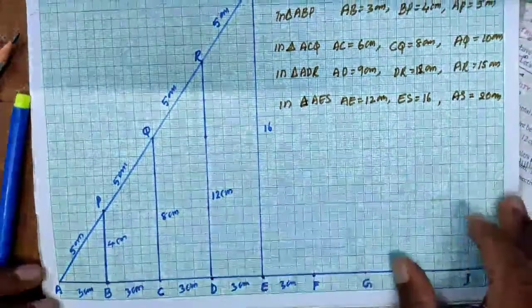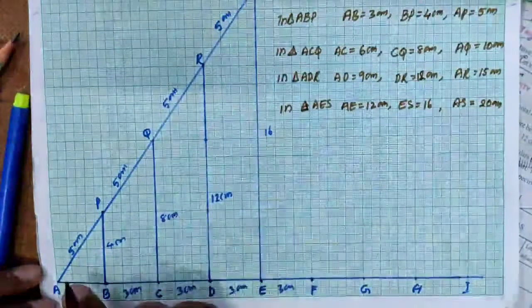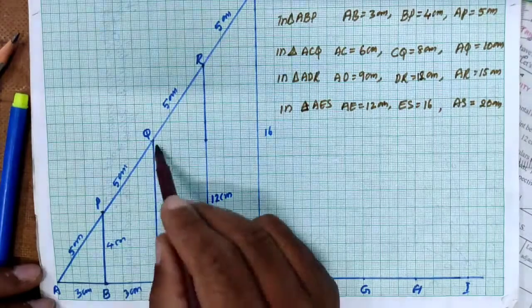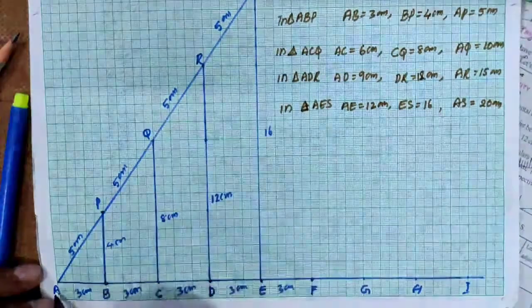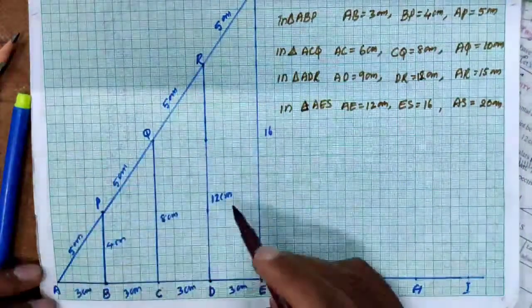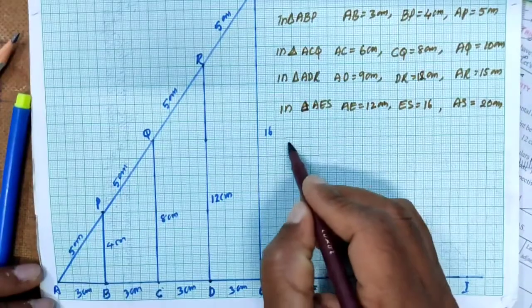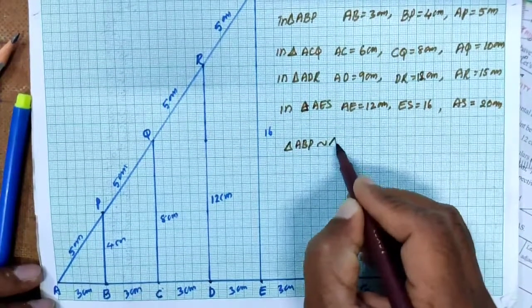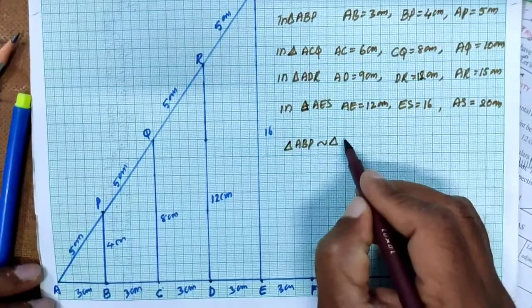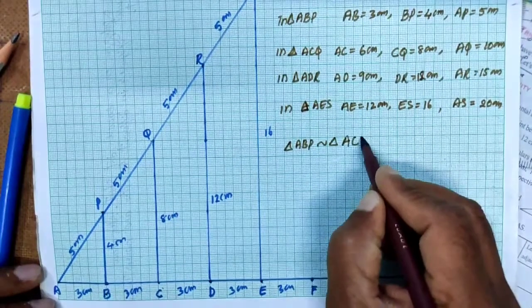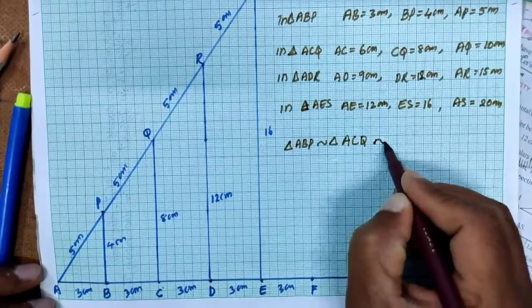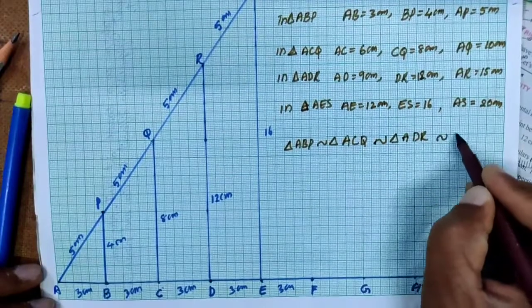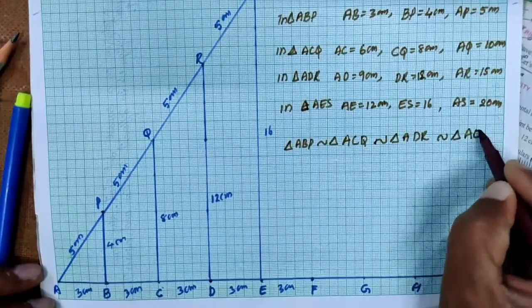So these are the measurements of these triangles. All these triangles, ABP, ACQ, ADR and AES, are similar triangles. So triangle ABP is similar to triangle ACQ, similar to triangle ADR, similar to triangle AES.